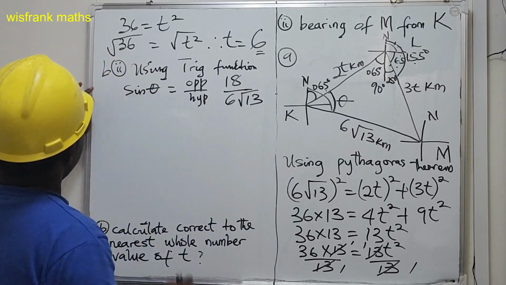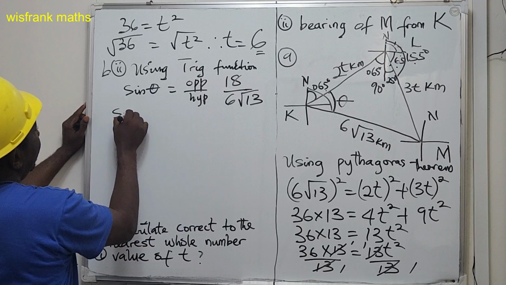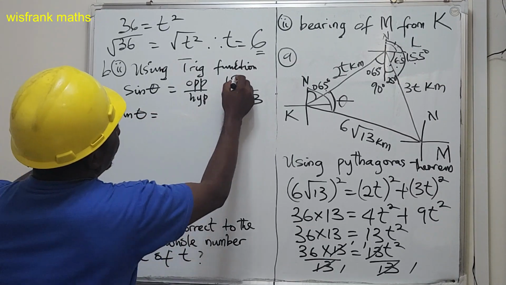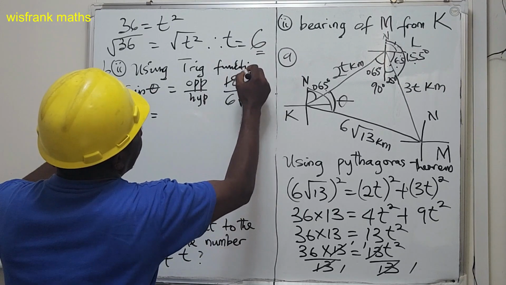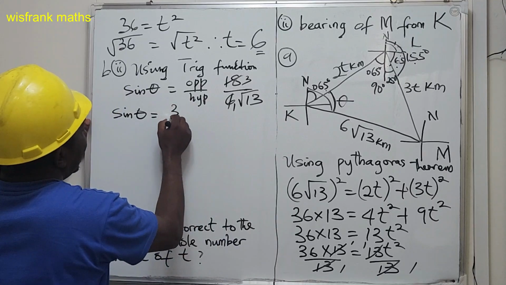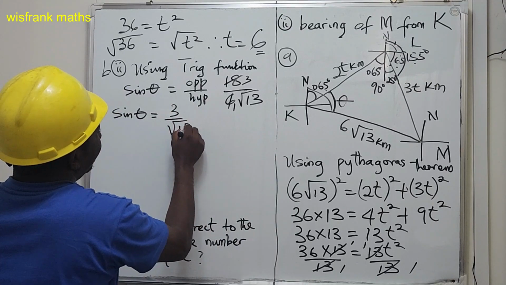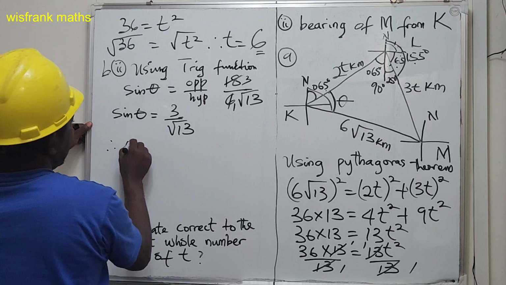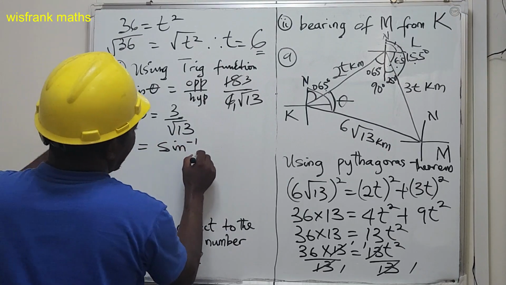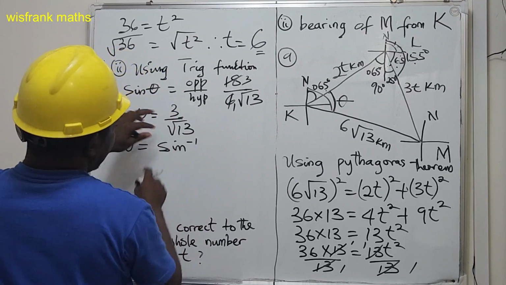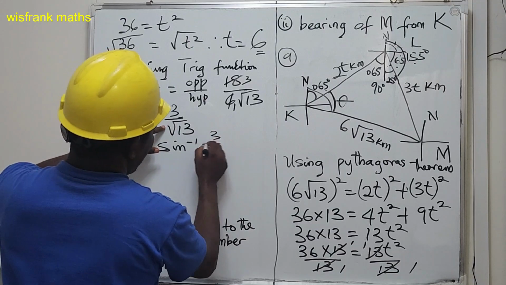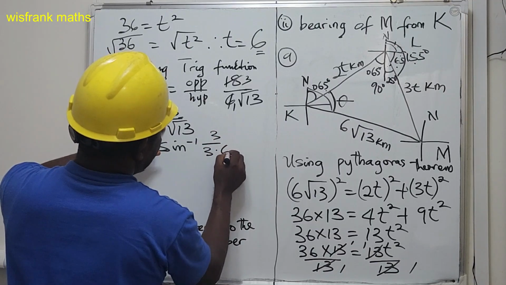So now we have sine theta equals, when we divide, 6 goes into 18 three times and 6 goes into 6 once. We have 3 all over root 13. Therefore, theta equals inverse sine of 3 over root 13, which is the same as 3 over 3.61.